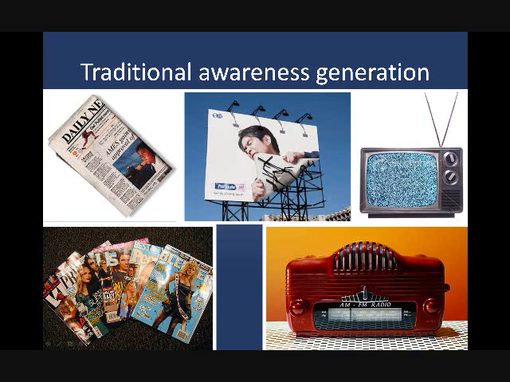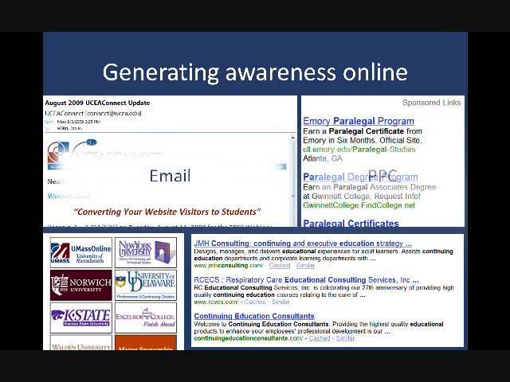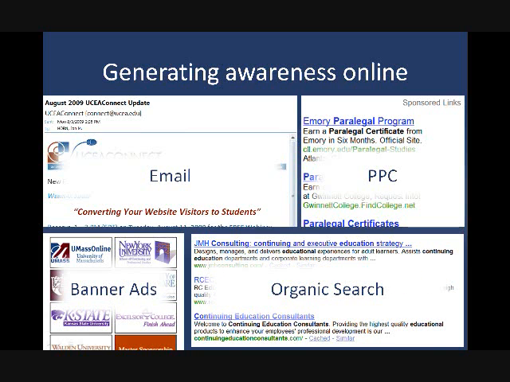So traditional awareness can drive people to our websites. Then we also have specifically online awareness generators, things like email, pay-per-click, banner ads, and organic search listings. When someone does a search on Google, even if you're not paying for an ad, your site may come up. These are all areas that we can manipulate and measure to see how well our websites are performing in terms of building awareness.